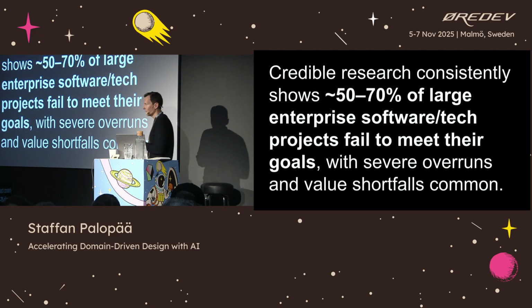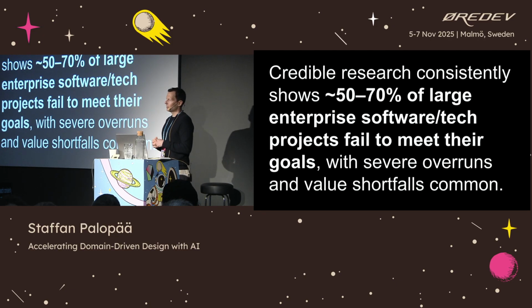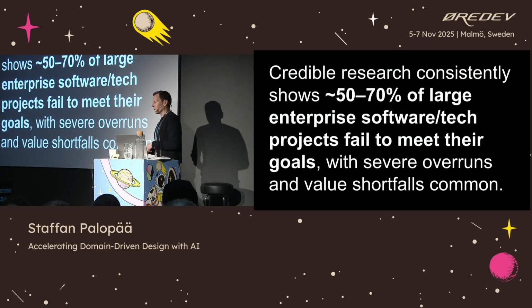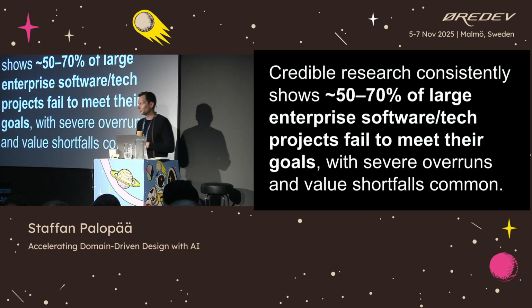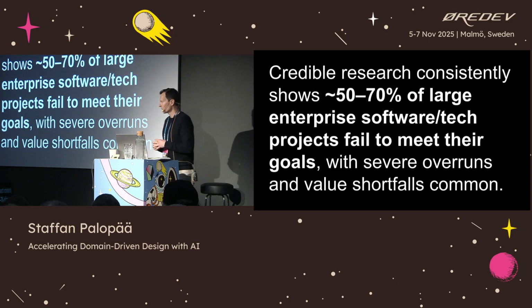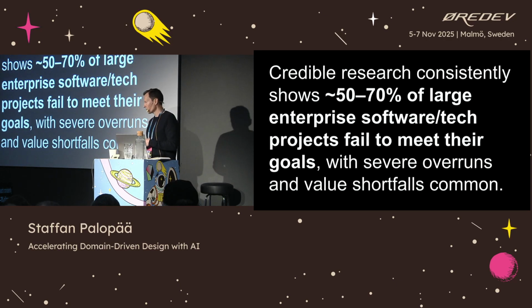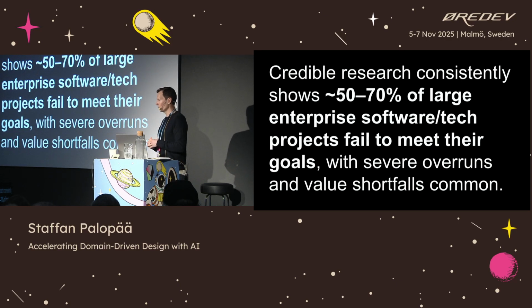So in this landscape with all these challenges, maybe it's not so strange that research consistently shows that 50 to 70% of large enterprise software projects fail to meet their goals, with severe overruns and value shortfalls common.